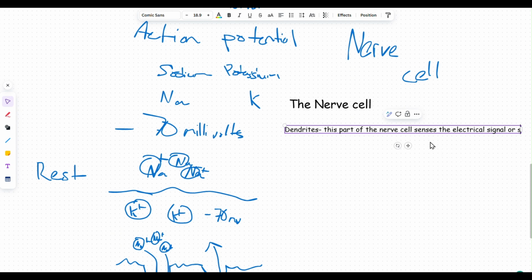If enough dendrite signals occur, then an electrical signal is produced.